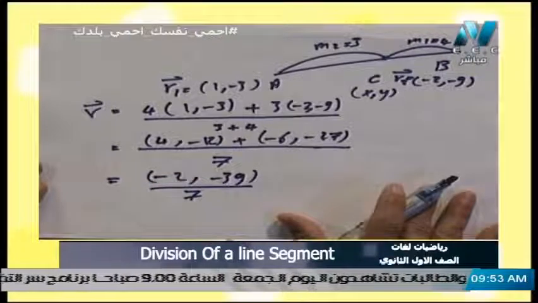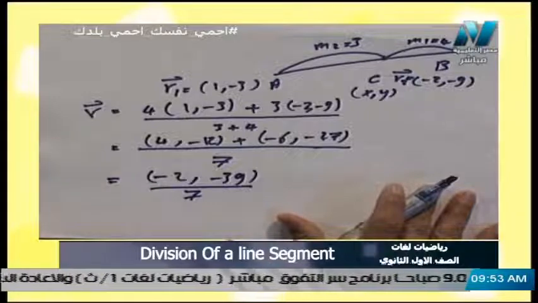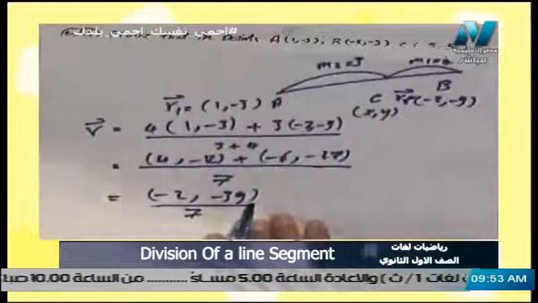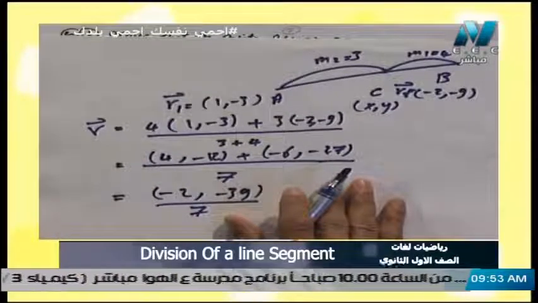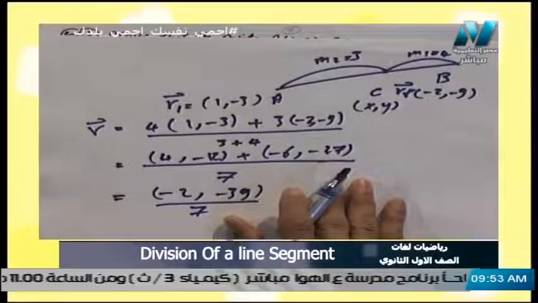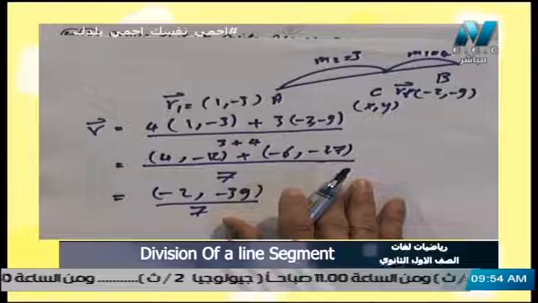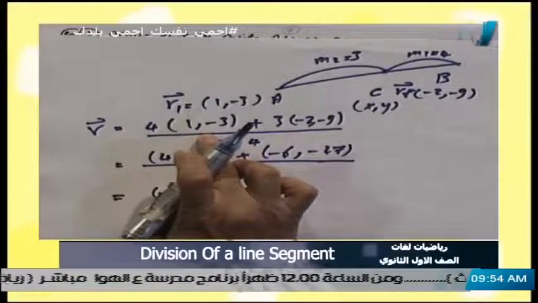I think something is wrong here, because we have A, it's example number 6, yes. We have negative 3 over 4, and we have A equals 1 and negative 3.